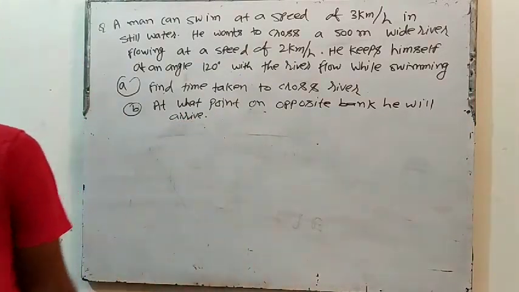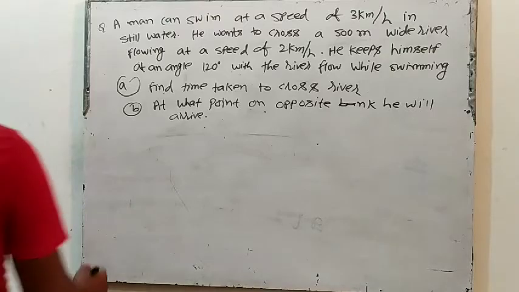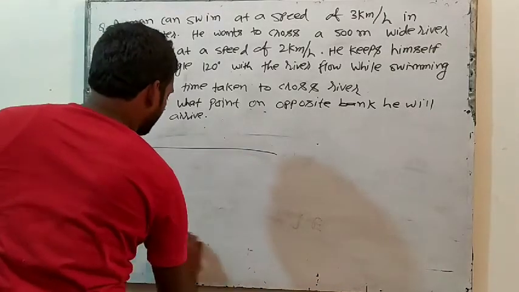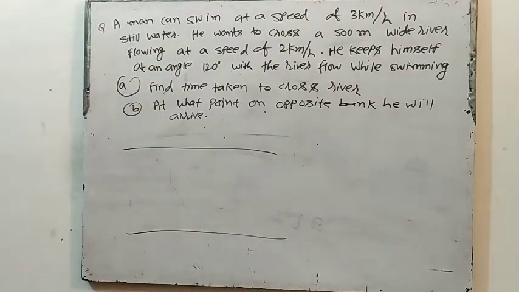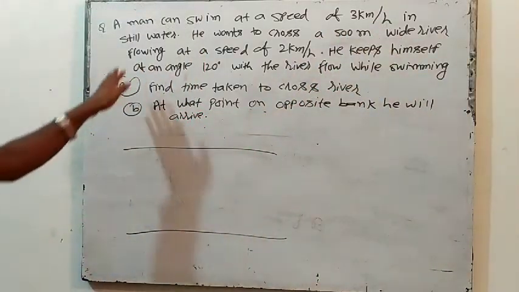Okay, try to solve this question. What is the question? Try to understand it. Should I give homework? No, I am solving. There is a river, and in this river a man can swim at a speed of 3 km per hour in still water.